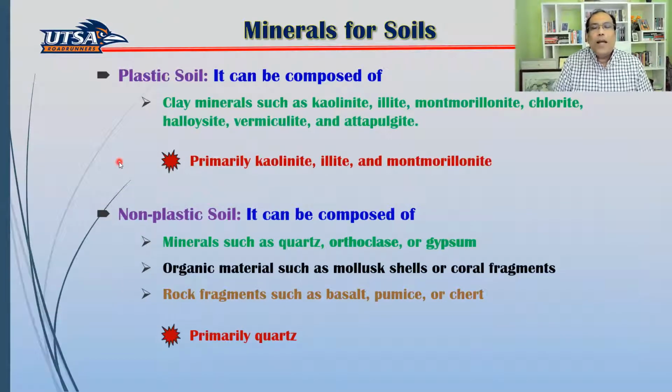Now, plastic soil can be composed of clay minerals such as kaolinite, illite, montmorillonite, chlorite, halloysite, vermiculite, and attapulgite. But the most common clay minerals that we see are kaolinite, illite, and montmorillonite.